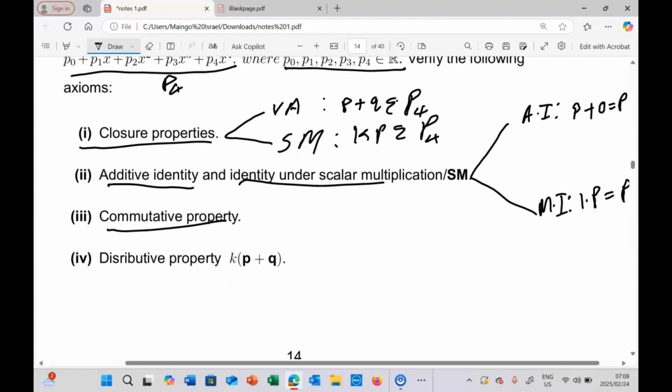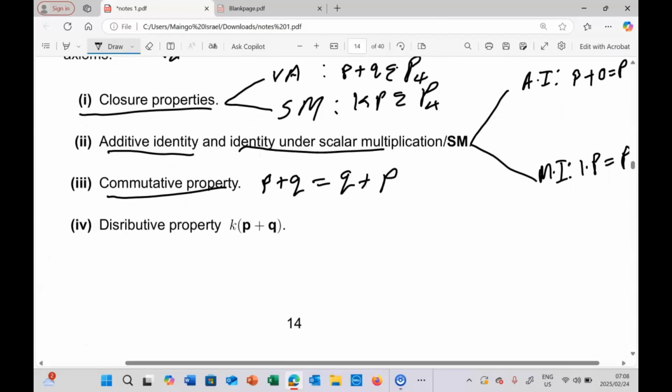Here we'll be proving that P plus Q is the same as Q plus P. Remember, these are polynomials of degree 4 and less. Also the distributive property, as given. What we'll be proving is that this is equal to K times P plus K times Q. So that's what we'll be proving.